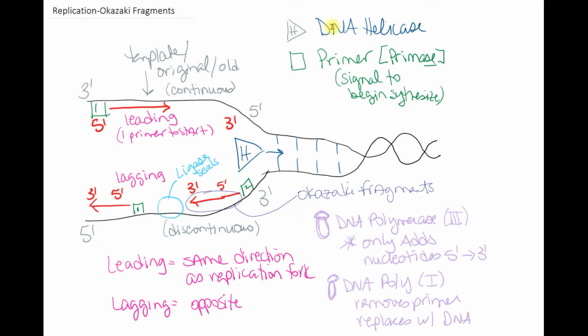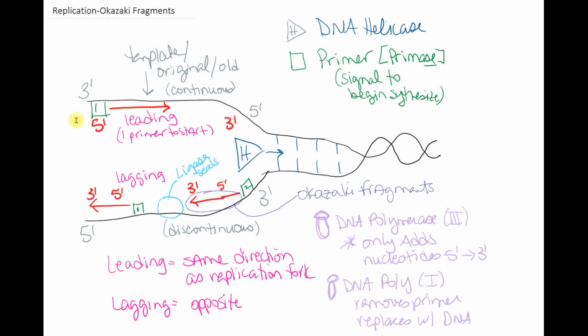So we have a DNA helicase. Anything that ends in ASE is an enzyme. So this helicase is going to unzip, or break the hydrogen bonds, as it opens up the DNA molecule, preparing for new free-floating nucleotides to attach and join. It does this at the same time to make it more efficient.